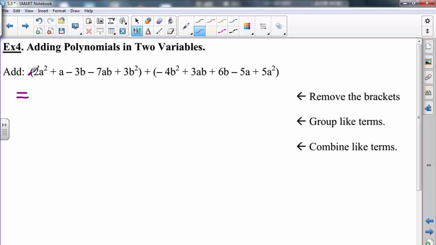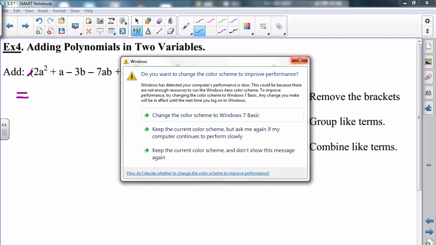So this one can be removed right away. This one can be removed right away since it's plus. You can leave this plus sign with the negative sign. You also can change these 2 signs to a negative sign since it's positive 1 times negative 4.